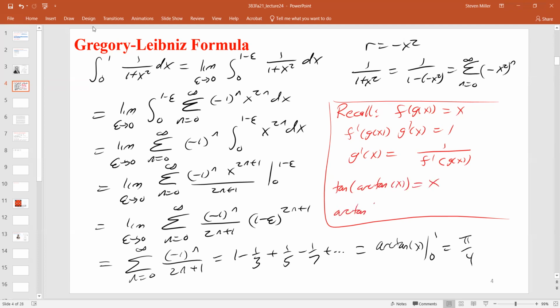So you get arctangent prime of x is 1 over the derivative of tangent. And what's the derivative of tangent? Secant squared, so 1 over secant squared. So actually, it just becomes cosine squared at arctangent of x. And then you just draw the triangle. And if this is theta, if you want an angle whose tangent is x, it's x.